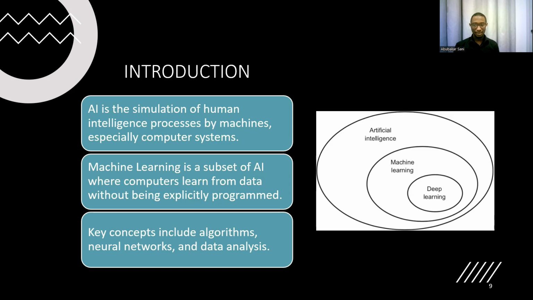Machine learning is just one case of the whole AI. AI is, you can say, the umbrella, and machine learning is just one piece of that umbrella. When we talk about machine learning, we're talking about that specific subset of AI where computers learn from data without being explicitly programmed.